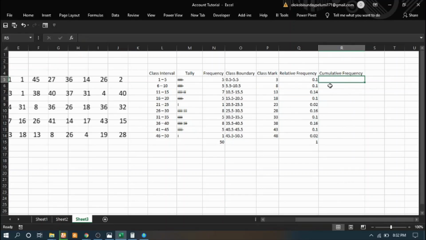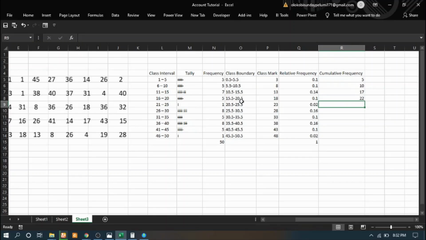Cumulative frequency is then just summing your frequency one after the other. Frequency of this is 5 cumulatively. So frequency of the next class is 5 plus the frequency of the earlier one, 5. Summing, that will be 5, that will be 10, and so on. So this will be 17. Now 7 plus 10, 22.